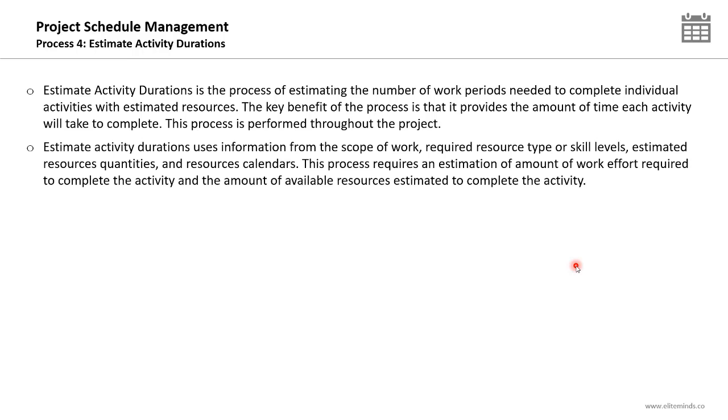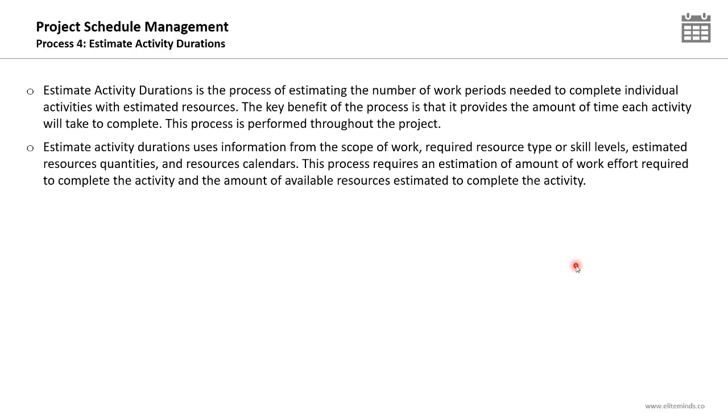Estimate Activity Durations uses information from the scope of work, required resource type or skill levels, estimated resource quantities, and resource calendars. These are the inputs for this process. I want to understand the scope related to each activity, what resources are available, the skills and competencies of the people who will be performing the work, the number of resources, and the resource calendars, which show you the availability of resources on the project.